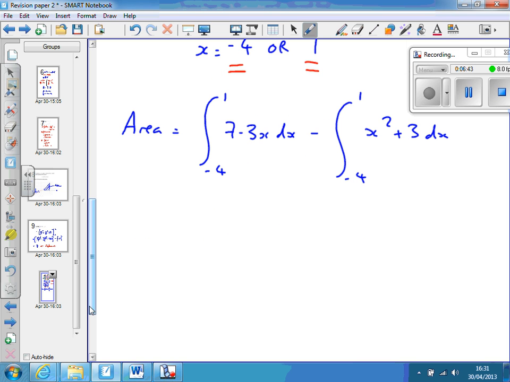So I just work out those two integrals and then subtract one answer from the other, and I've got the area underneath the curve. See if you can go ahead and do those two integrals.